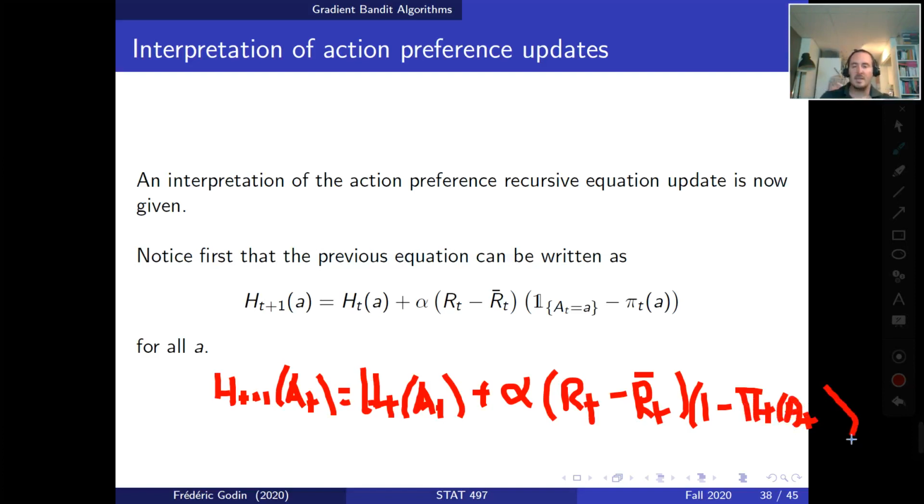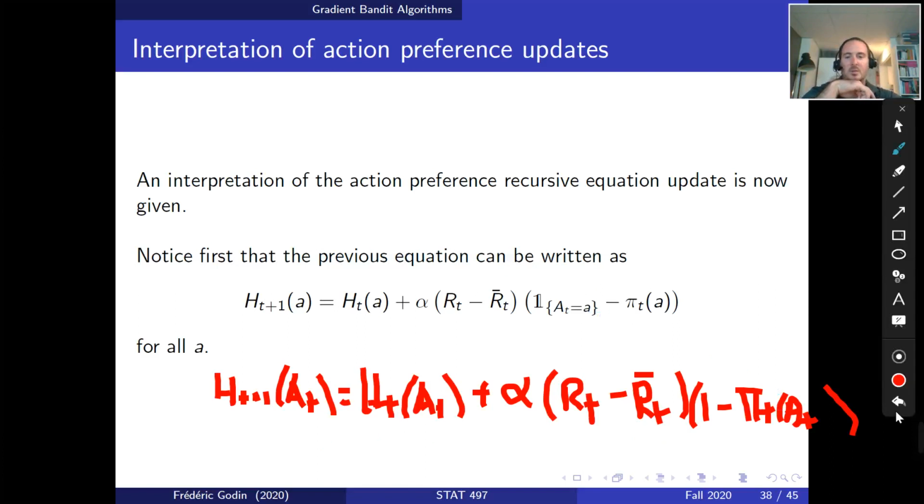Okay, so you can see that when the action a is equal to A_t, then both these equations are the same, because when action a is equal to A_t, this indicator is equal to 1, so we exactly recover our expression here.